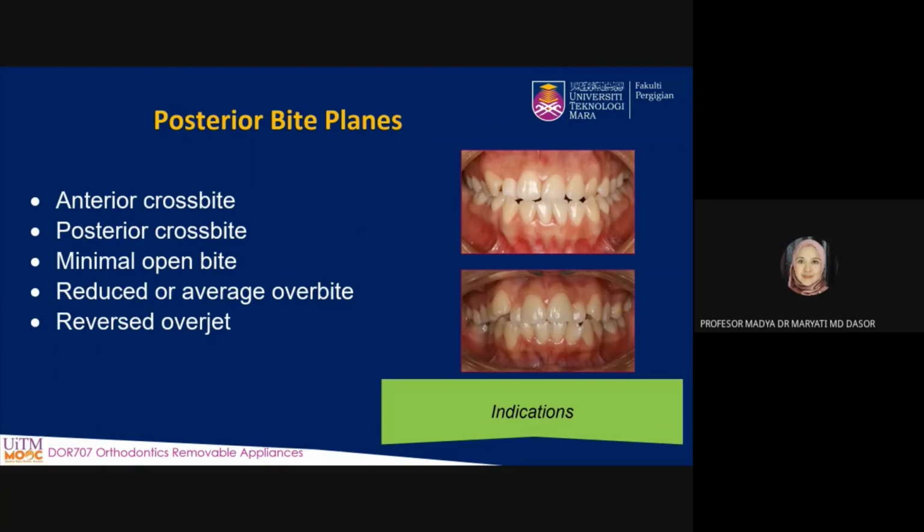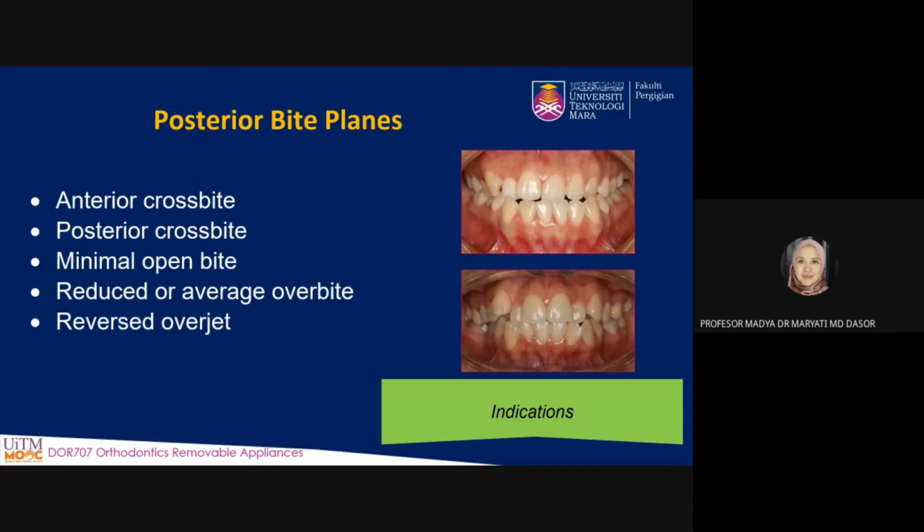The first one is anterior crossbite, where the upper anterior teeth are positioned lingual to the lower anterior teeth, while posterior crossbite occurs in the form of buccal crossbite or lingual crossbite, known as scissors bite, looking at the position of the upper teeth in relation to the lower posterior teeth.